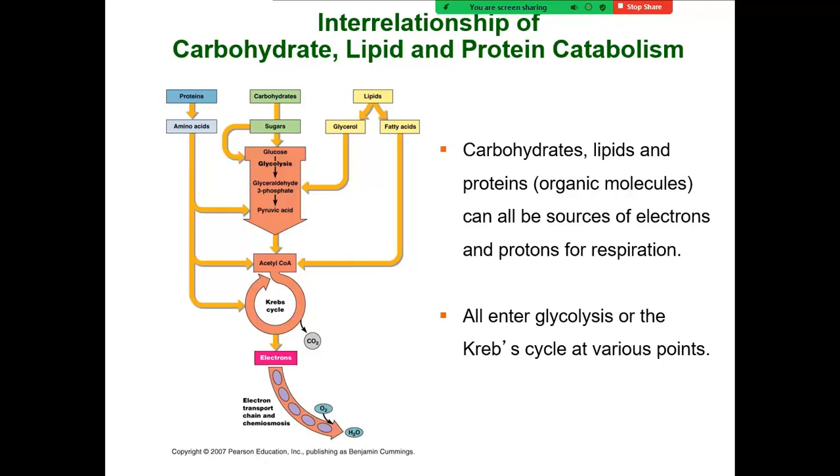With lipids, they can be digested and burned in aerobic respiration. The lipids will be dissociated into the fatty acid portion and then the glycerol. Remember, the glycerol is holding the fatty acids together in the molecule of lipid.